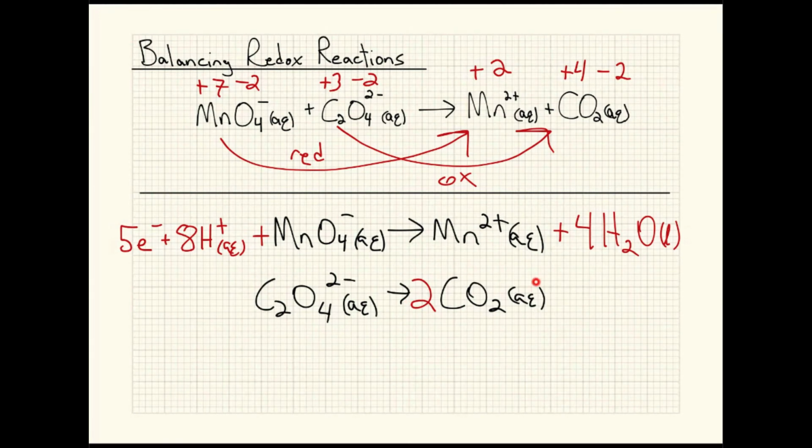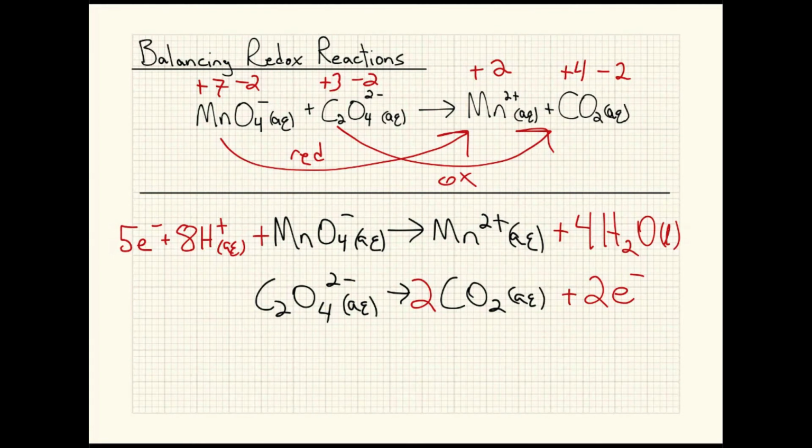So the right-hand side or product side of my oxidation reaction is now too high by 2 charge units. It's neutral, whereas the left-hand side is -2. So what I need to do to balance this is add 2 electrons to the right-hand side of my oxidation reaction. And now each of my halves is balanced in and of itself.